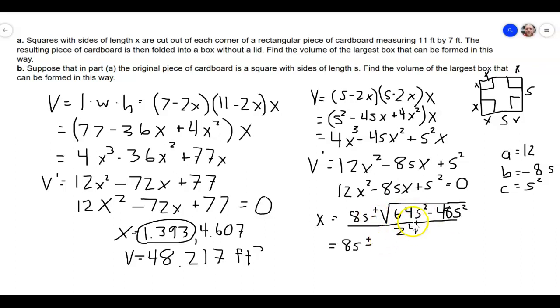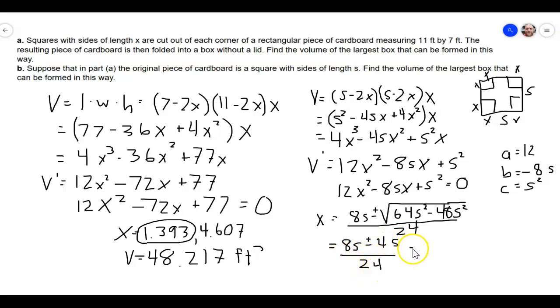And the square root of that, remember s squared is a positive number. So s is going to end up being a positive number. So this is 8s plus or minus the square root of 16s squared, which is plus or minus 4s. Right? All over 24.